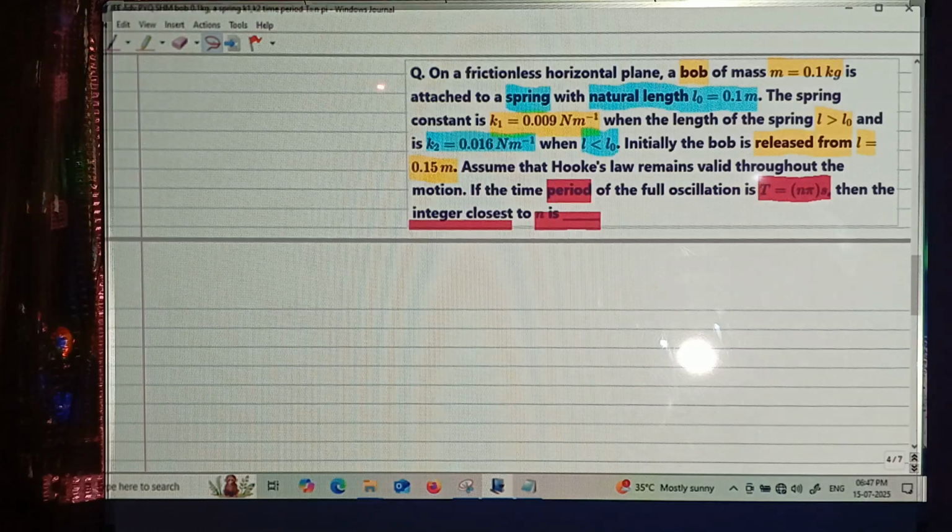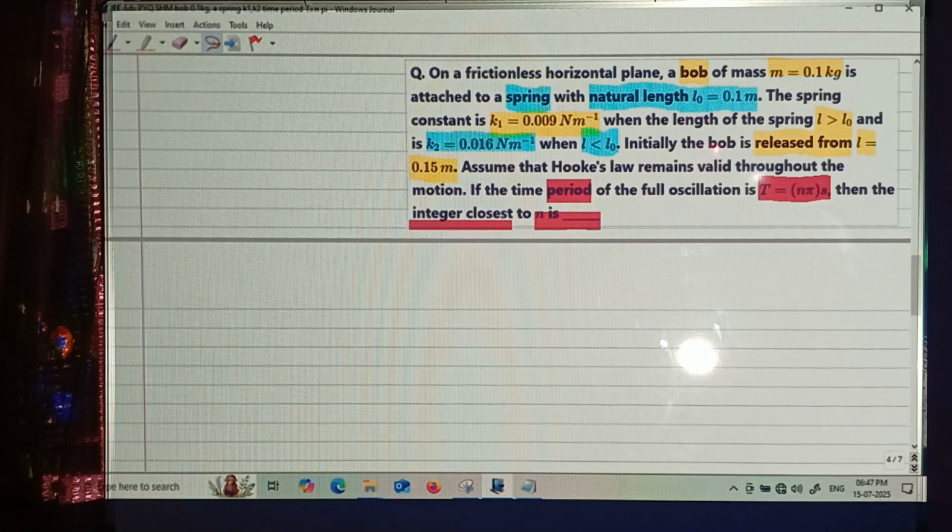This is the question. On a frictionless horizontal plane, a bob of mass m equal to 0.1 kg is attached to a spring with natural length L0 equal to 0.1 meter. The spring constant is K1 equal to 0.009 Newton per meter when the length of the spring is L greater than L0, and K2 equal to 0.016 Newton per meter when the length is less than L0.